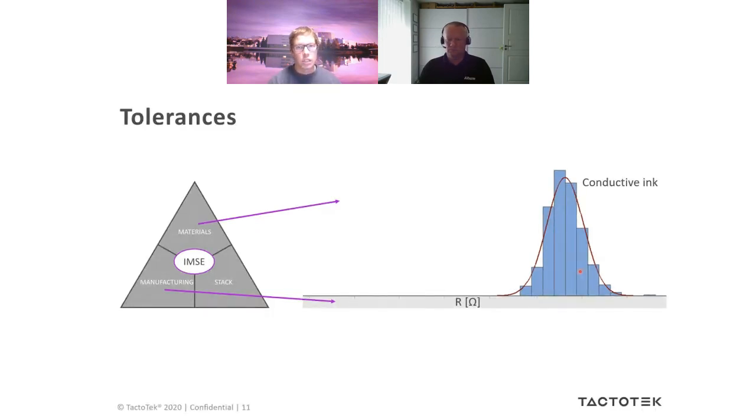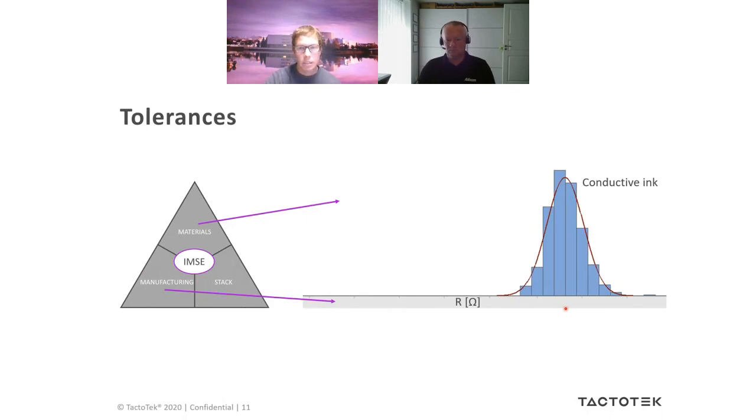In addition to this, the tolerance of the resistance must be taken into account. Tolerances come from the materials themselves, but IMSC manufacturing also has an impact. How is the deviation of the resistance from the nominal?